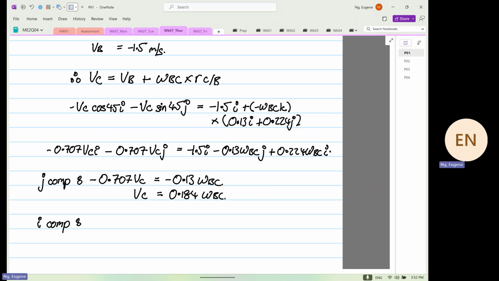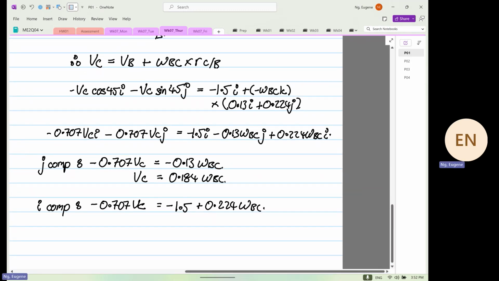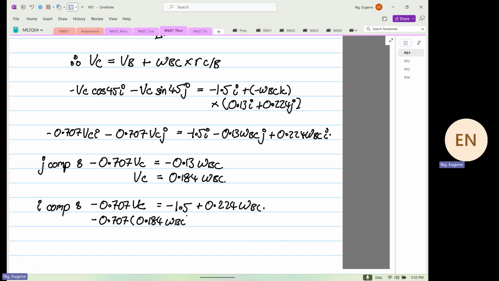So the I component is minus 0.707 VC, and it's equal to minus 1.5, no need to put I, plus 0.224 omega BC. Okay. So now we just do the method of substitution. Minus 0.707 multiplied by 0.184 omega BC is equal to minus 1.5 plus 0.224 omega BC.